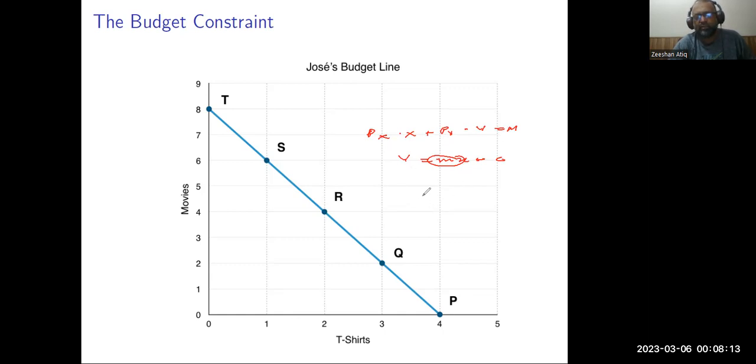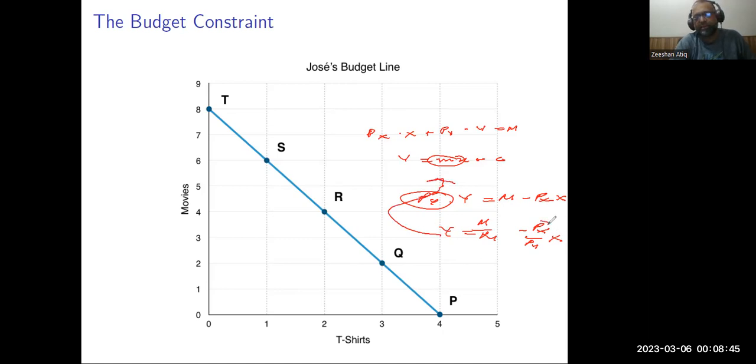Now, if you subtract PX into X from both sides, you will get PY into Y equals M minus PX into X. Solving this for Y, you divide the whole equation by PY. So you get Y is equal to M over PY minus PX over PY into X. This equation can be compared with y equals mx plus c.